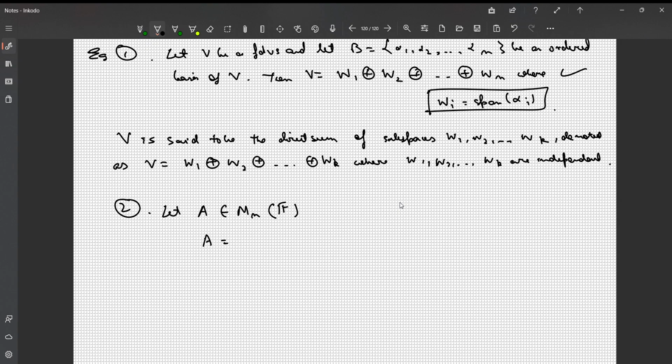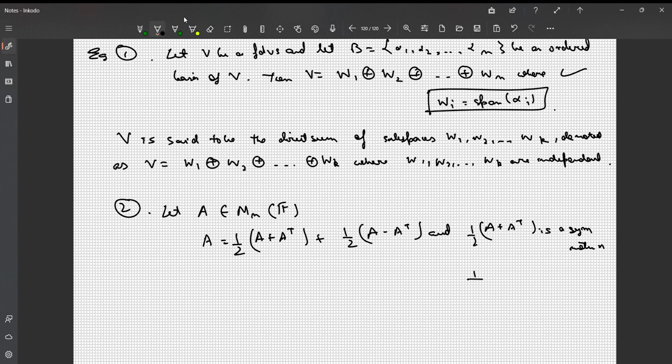Then we know that we can write A as 1 by 2 times (A plus A transpose) plus 1 by 2 times (A minus A transpose). And we have the fact in hand that 1 by 2 times (A plus A transpose) is a symmetric matrix, and 1 by 2 times (A minus A transpose) is a skew symmetric matrix.